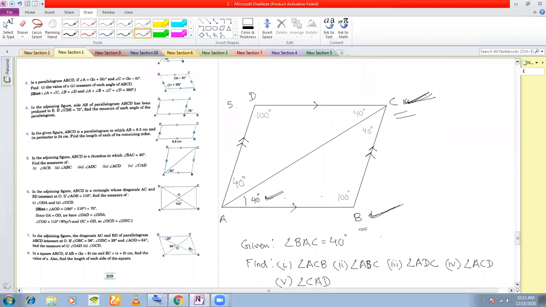See, I am writing all this in pencil. The light ones that you see, these are all written in pencil. Now, why am I writing in pencil? So that later, if I am supposed to use a particular angle, I'll know that I have already found out this angle, and then I can use this information.